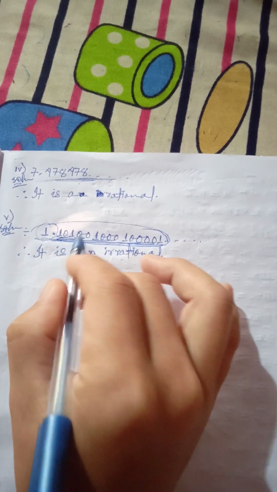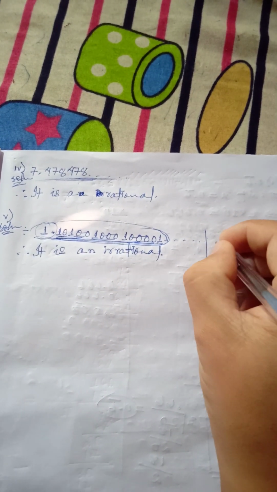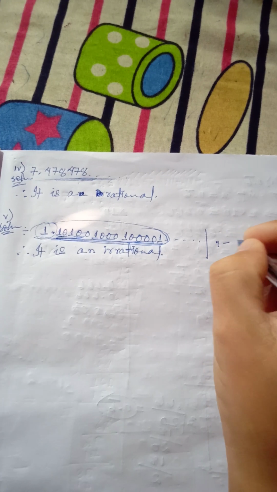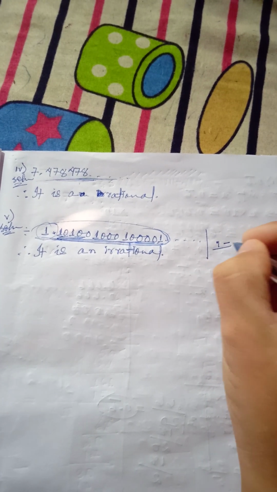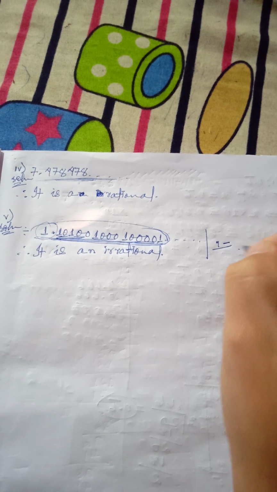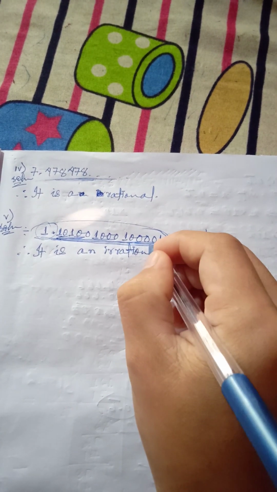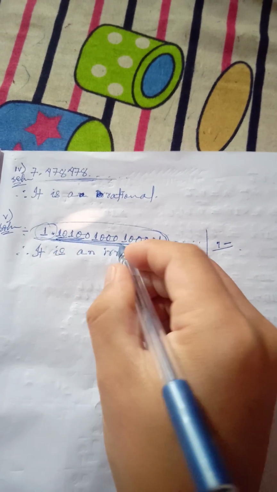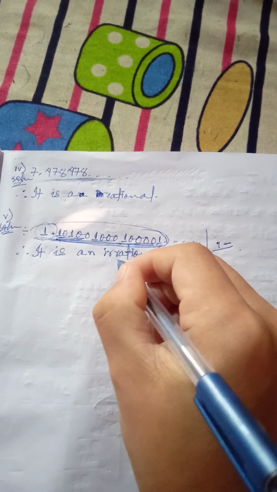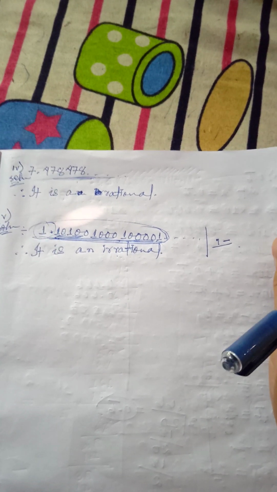There is one property: if a number is non-terminating and non-recurring, we conclude that the decimal expansion belongs to an irrational number. By making use of this property, we can conclude that this decimal expansion belongs to an irrational number.